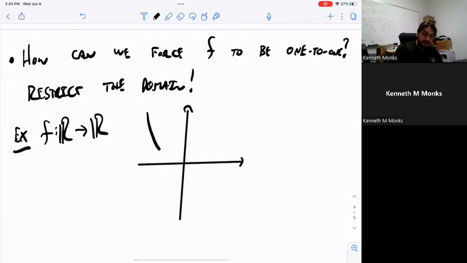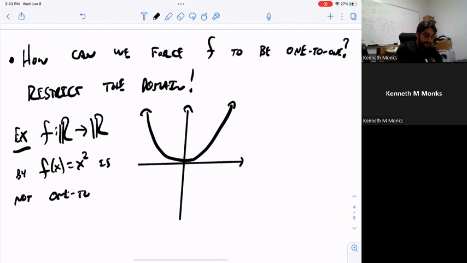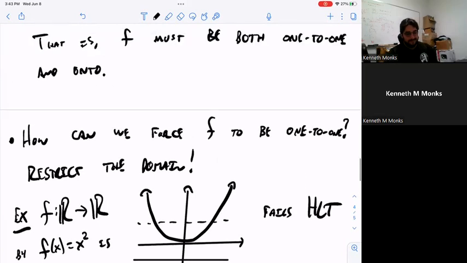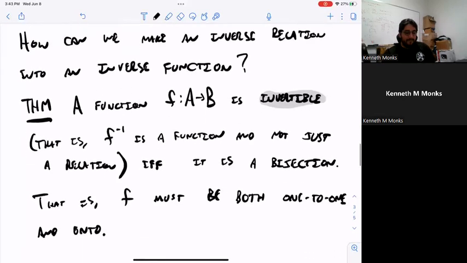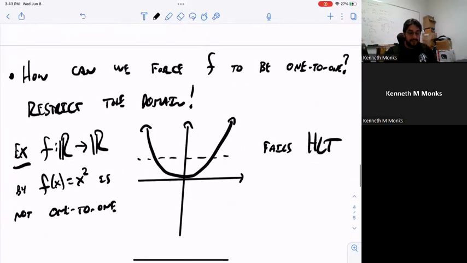Right now, it's not one-to-one. This is not one-to-one. It fails the horizontal line test, just like here we said our f inverse failed the vertical line test. Well, that's equivalent to the original f failing the horizontal line test, and then we had a horizontal line intersecting it twice.